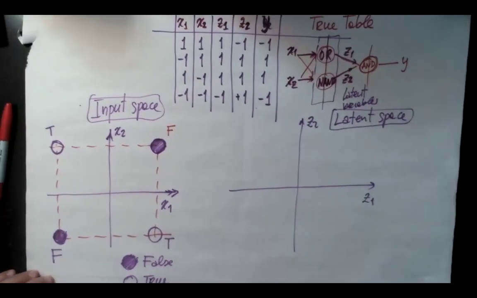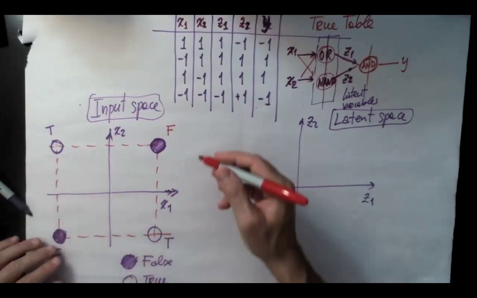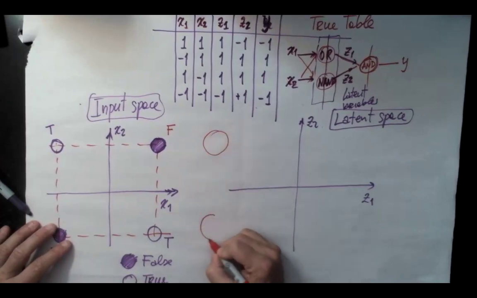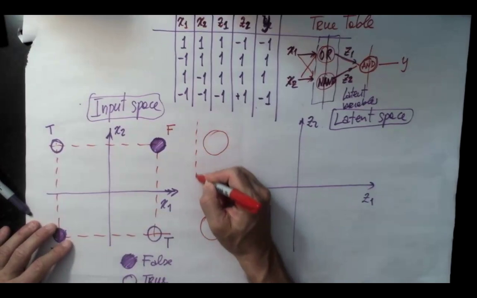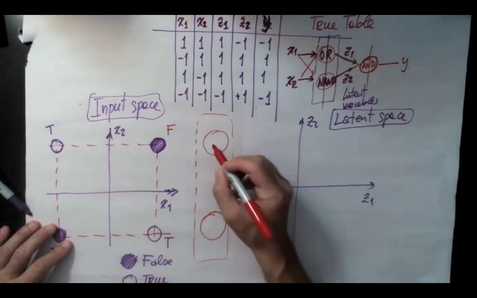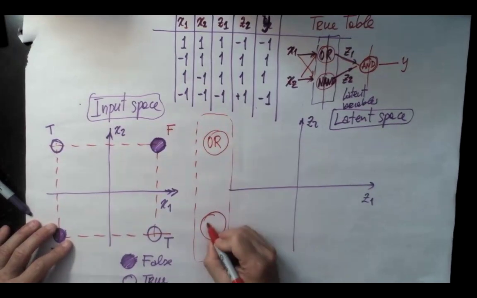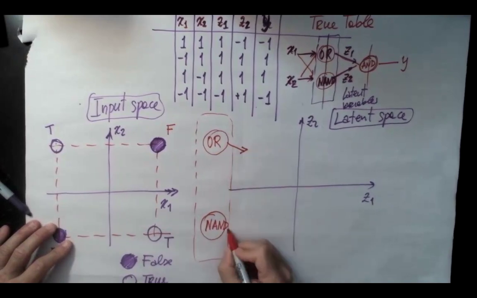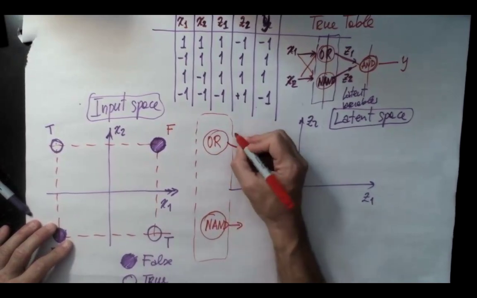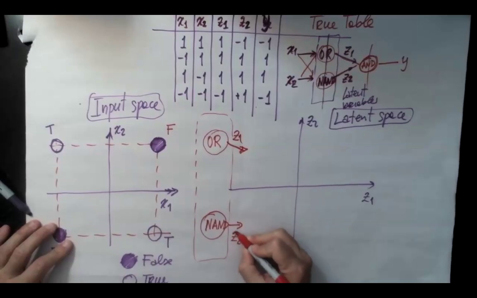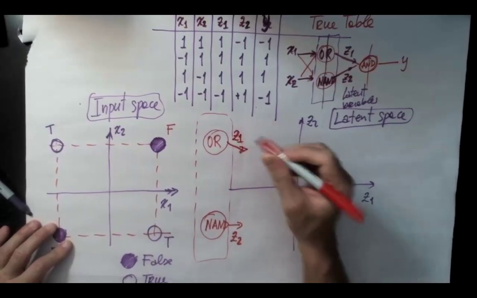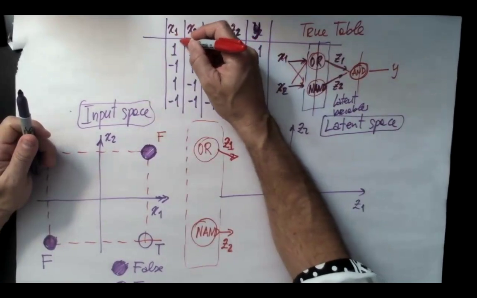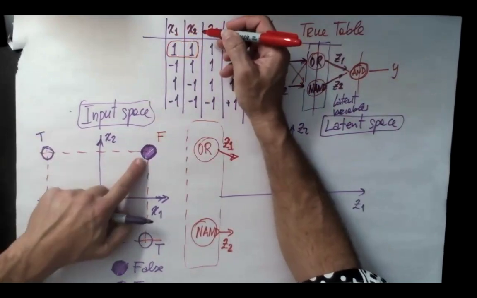Okay, so what happens is that this input goes through the first layer of perceptrons, the OR and the NAND, and they give us a new pair of outputs, which are Z1 and Z2. So, for example, let's start with the first pair. 1 and 1 is basically this.